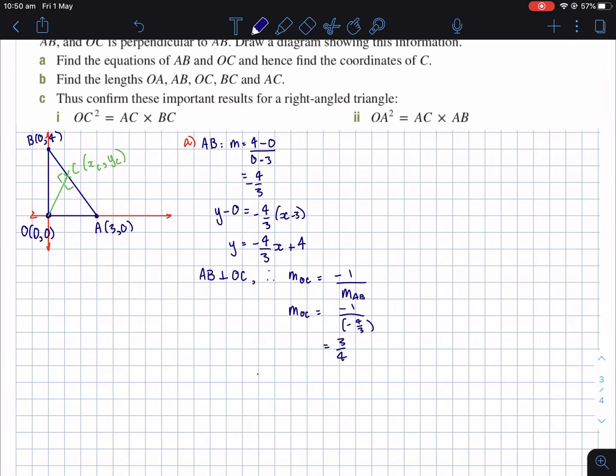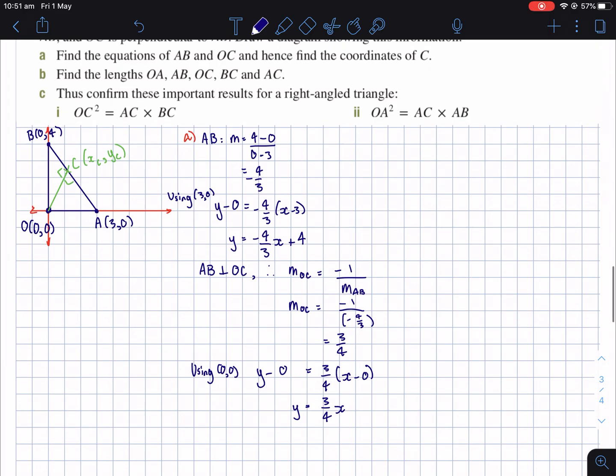And then y take y1, I'm going to use the point 0, 0. y take 0 equals 3/4 times x take 0, so y equals 3/4 x. Ah, okay, that's much better.